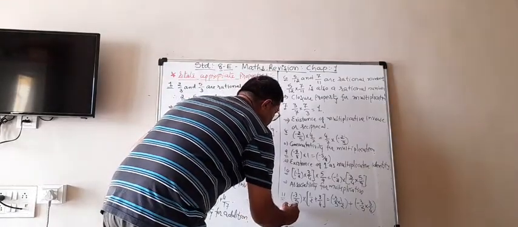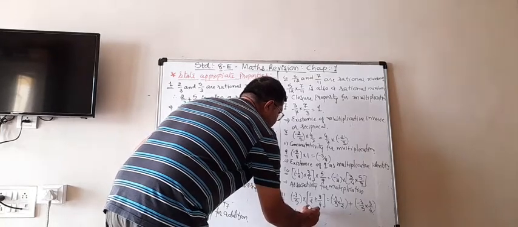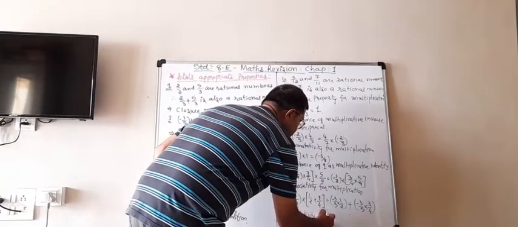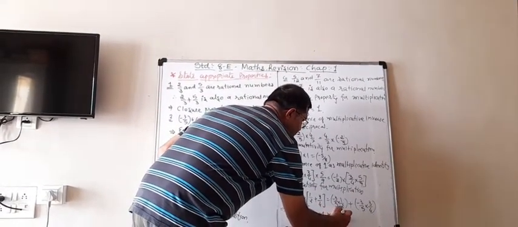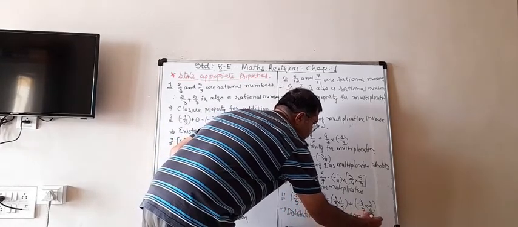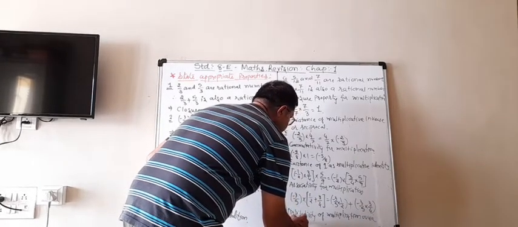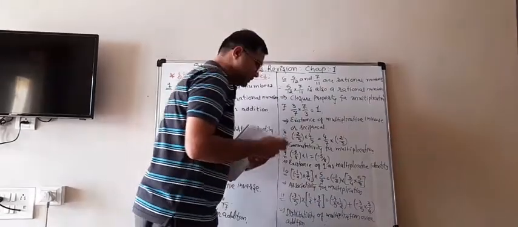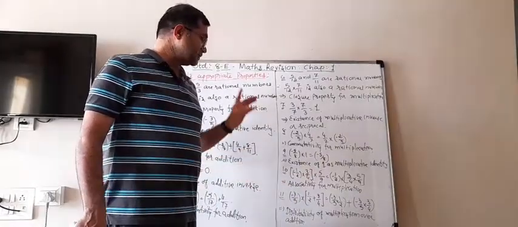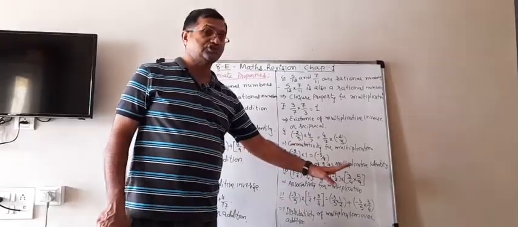So it is distributivity of multiplication over addition. Whenever there is a multiplication sign outside and a plus sign inside, it is the distributivity property of multiplication over addition.